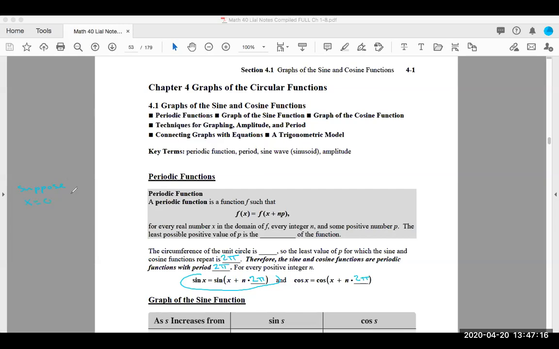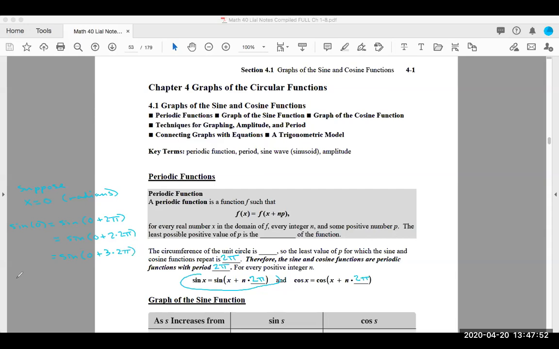Suppose x is equal to 0, and this is going to be in radians. Then what we're saying here is that sine of 0 should be the same thing as sine of 0 plus 2 pi. And that should be the same as sine of 0 plus 2 times 2 pi, and that should be the same as sine of 0 plus 3 times 2 pi, and so on and so forth.